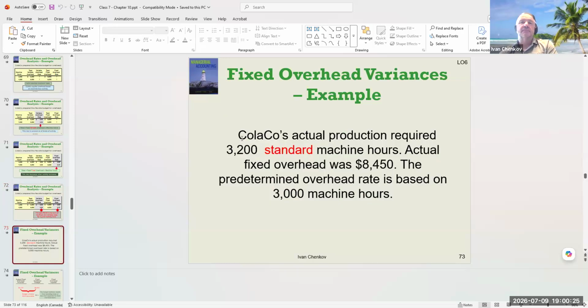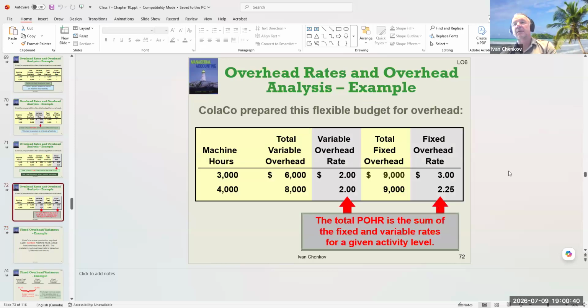So now, the company production required 3,200 standard machine hours. Actual fixed overhead was 8,450, and the predetermined overhead rate is based on the 3,000 machine hours, which means that fixed overhead per unit is $3.